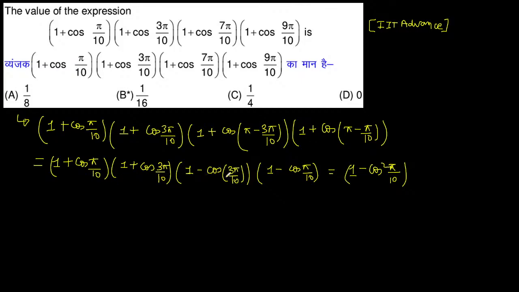And it is (a plus b) into (a minus b). Can we say it is a square minus b square? This is sine square pi by 10, this is sine square 3 pi by 10. Okay.